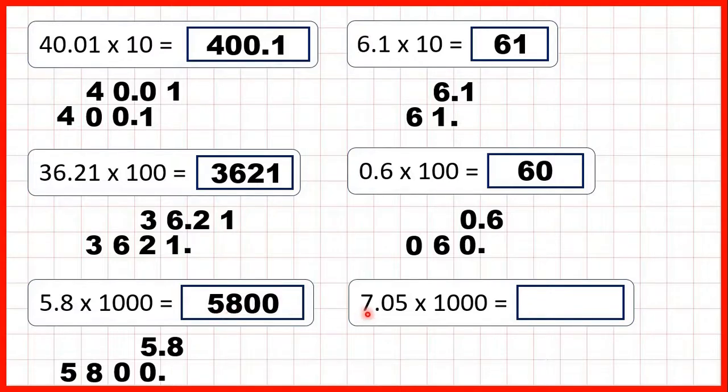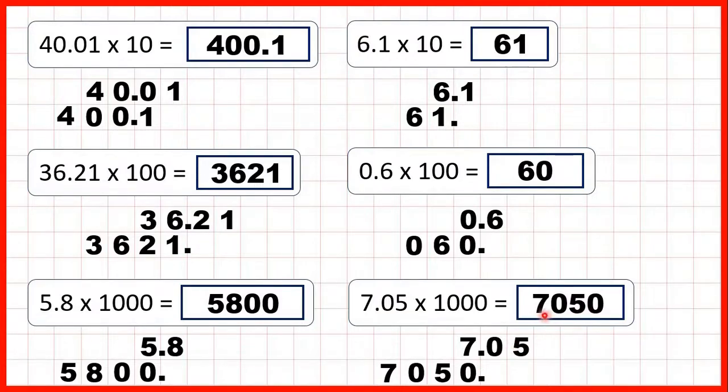Finally, we have 7.05 times 1,000, so we write the number out, copy down the decimal point, and to multiply by 1,000, the digits need to move 3 squares to the left. We can copy the digits 1, 2, 3 squares to the left, and now we have an empty square before the decimal point, so we need to write a 0 in this empty square, so our answer is 7,050.